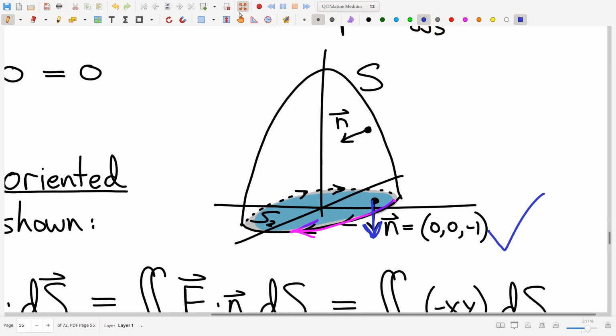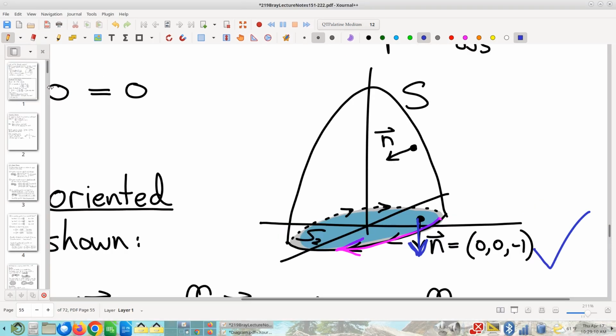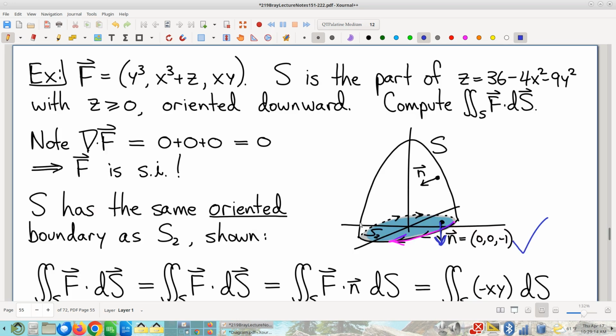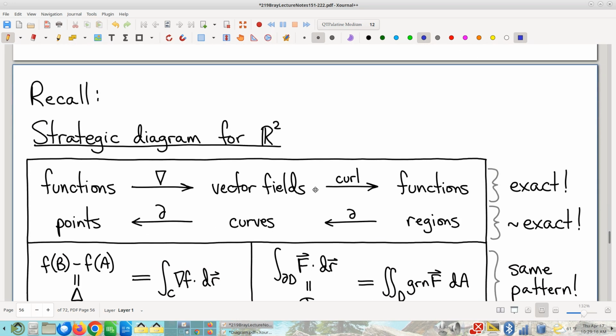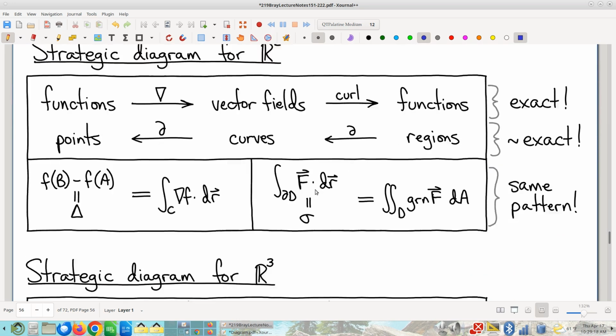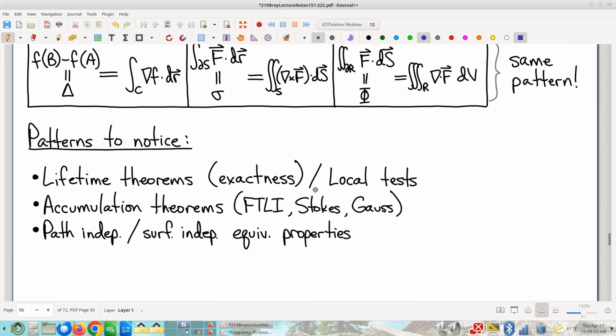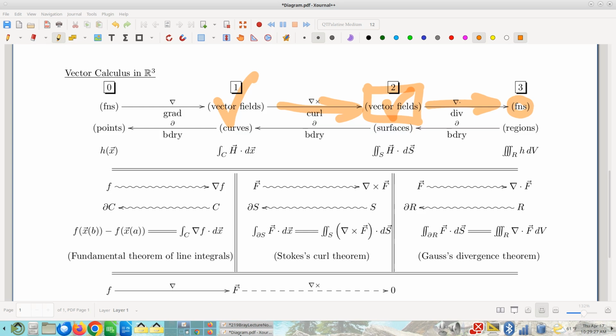Okay, so we are, whoopsie, wrong button. Oh gosh. We are kind of done with chapter 7 in some sense. I do like to remind you all of the diagram. This whole page here is just a reminder: don't forget, the diagram's pretty cool. Lots of patterns, lots of uses, and we've already talked through a lot of that.